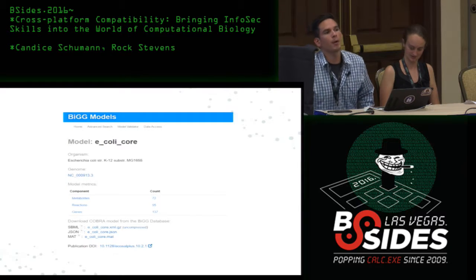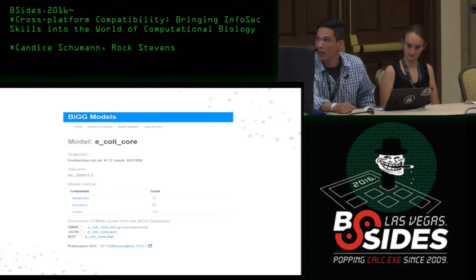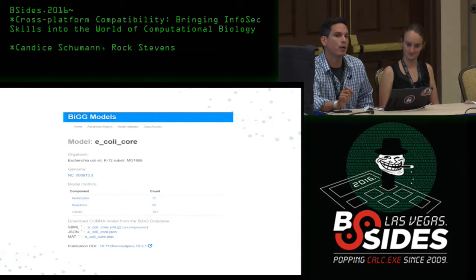So if any of you are curious about where to find the metabolic models for various pathogens, species, whatever, this is the website, BIG. You can go in there and download various things that you may be interested in. But you'll also note that there's something missing from the options: there's no integrity check, no checksum.